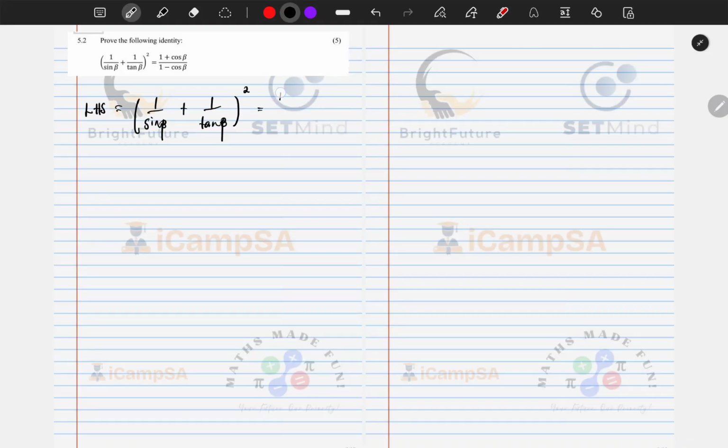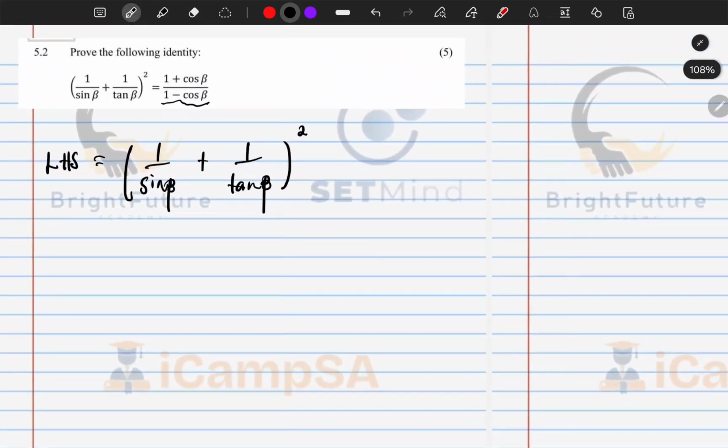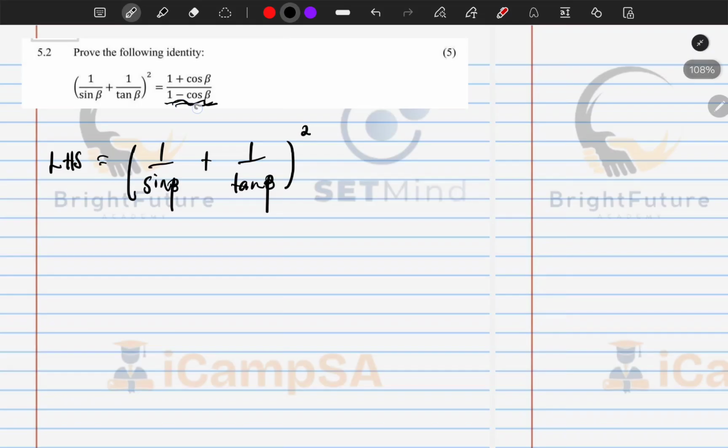We don't have to write the equals to. We just need to make sure that whatever we do, we prove it to be this.